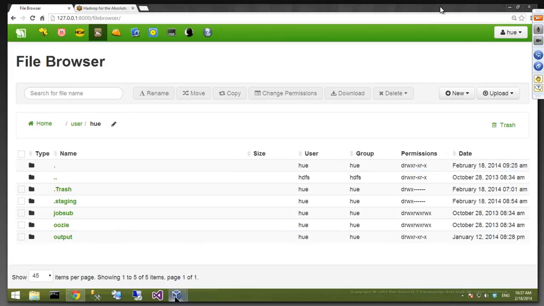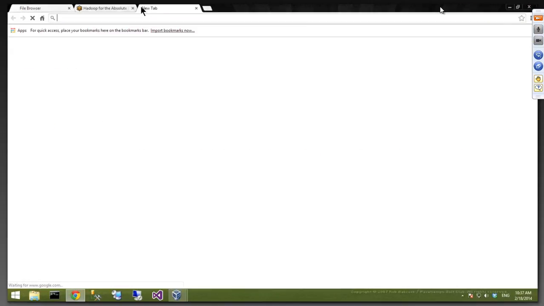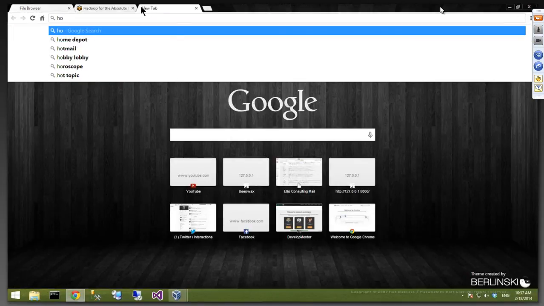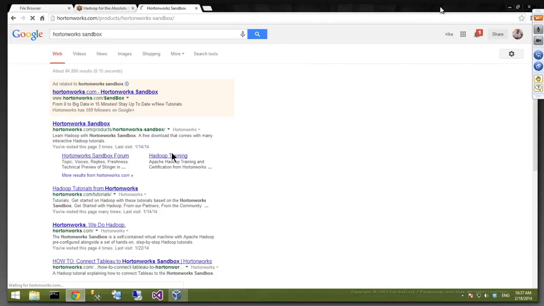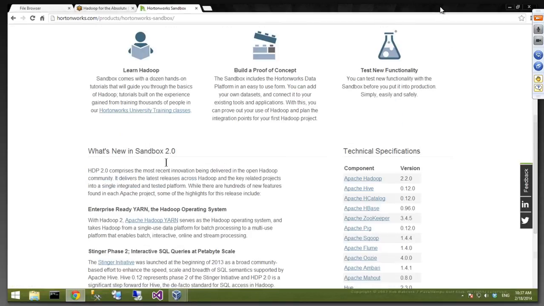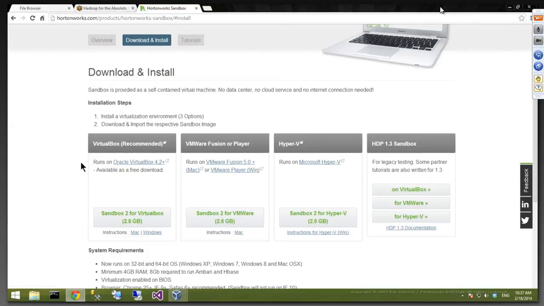So what I'm doing is I'm using a Hortonworks sandbox that I downloaded off the Hortonworks site, and it's pretty easy to do that. If you just Bing or Google Hortonworks sandbox, you can see that they've created these sandboxes for a lot of different virtualization technologies.